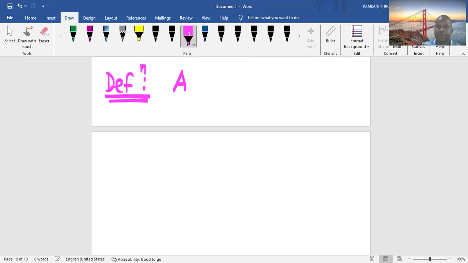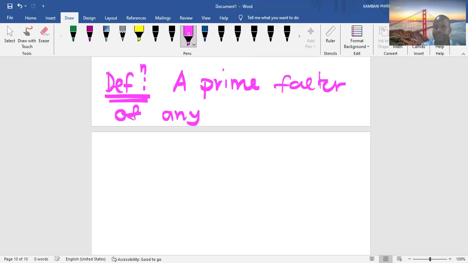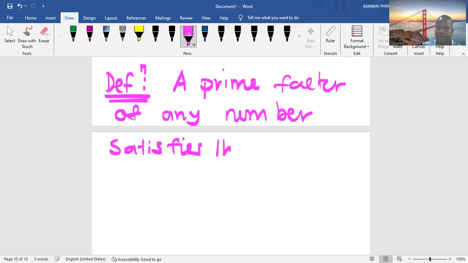So, a prime factor of any number satisfies the following properties.